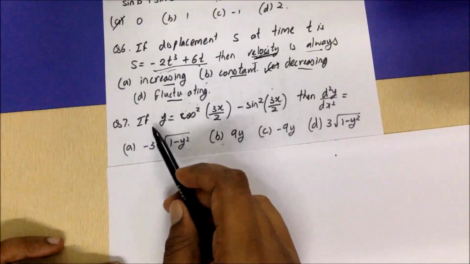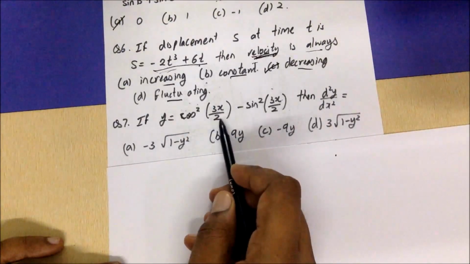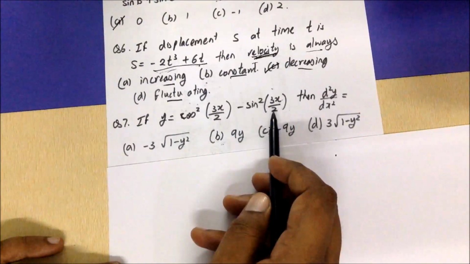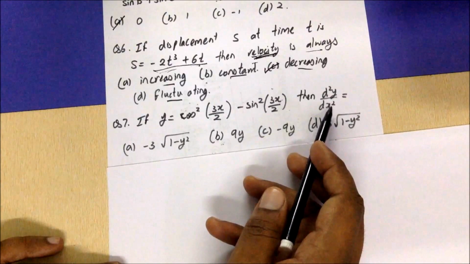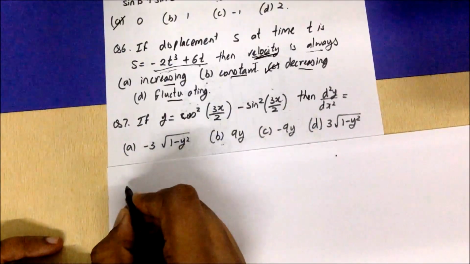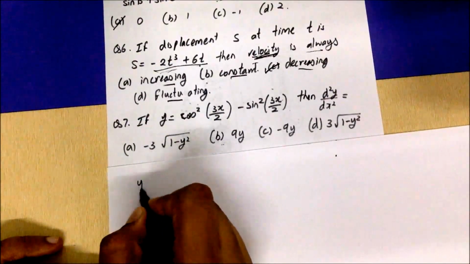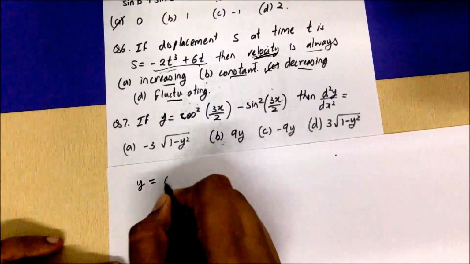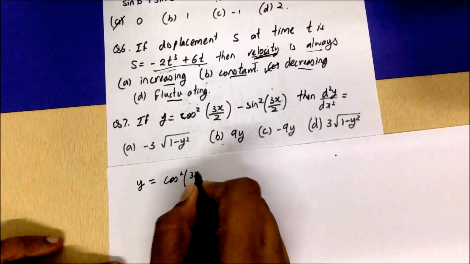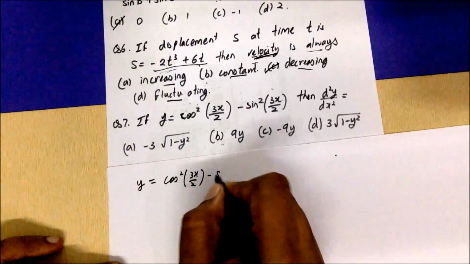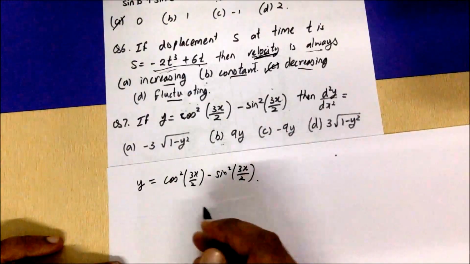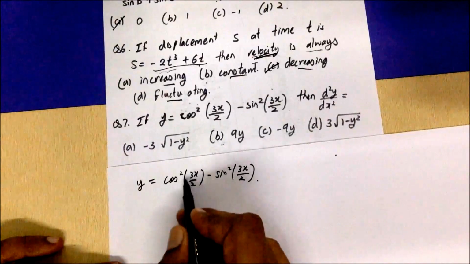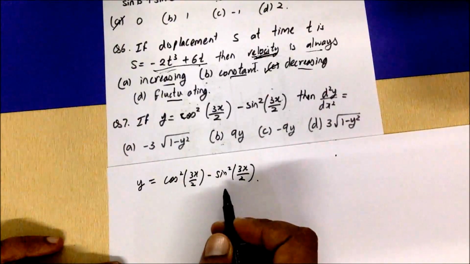Moving to the next one, we have y equals cos square 3x by 2 minus sin square 3x by 2. Then we have to find the double derivative of this. So you have to consider the equation which is given to you. Now the angle present inside the cos and sine is the same.